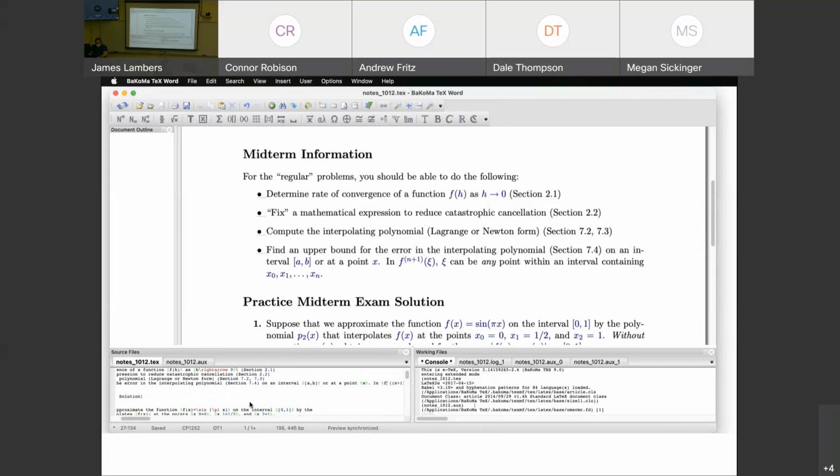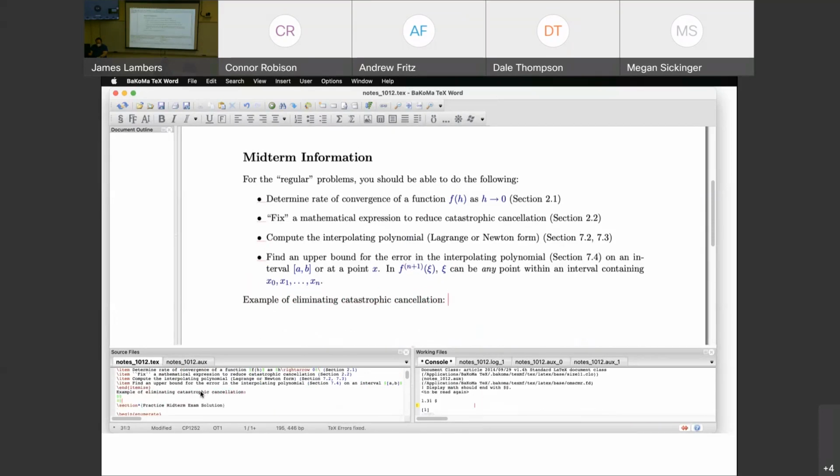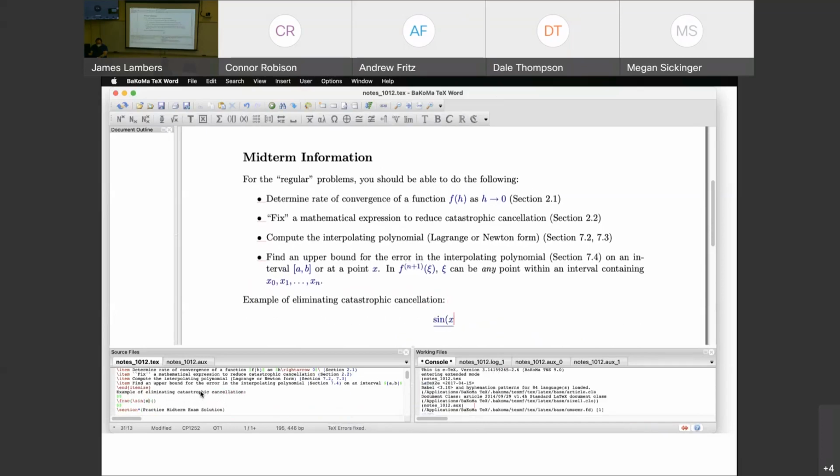Okay. All right, so the original expression we'll work with actually comes from approximating a derivative.